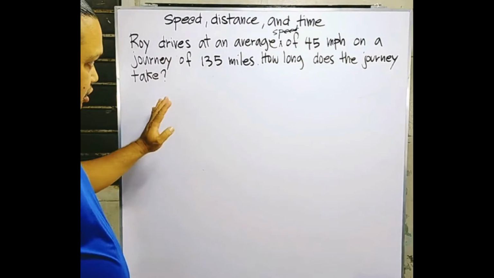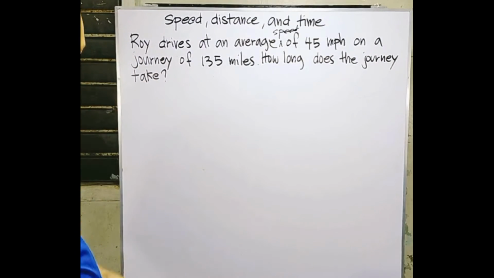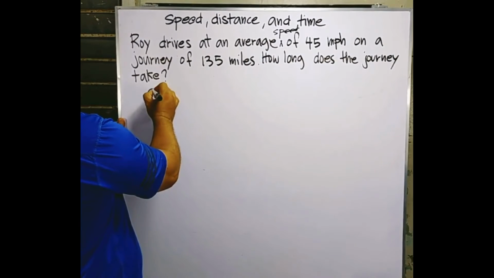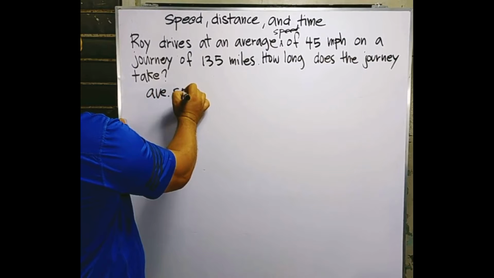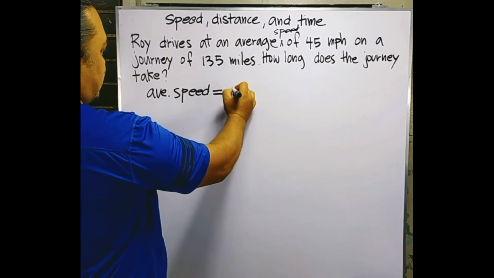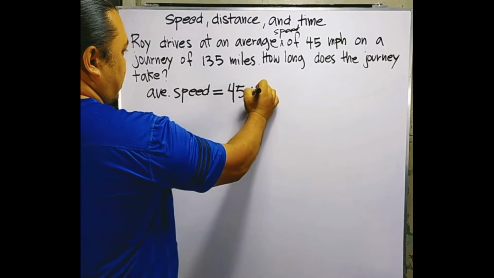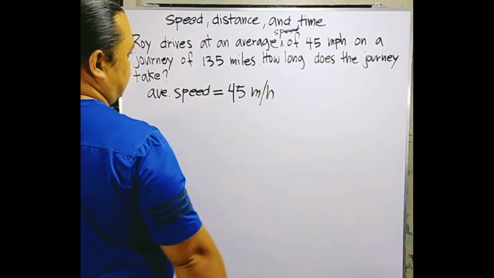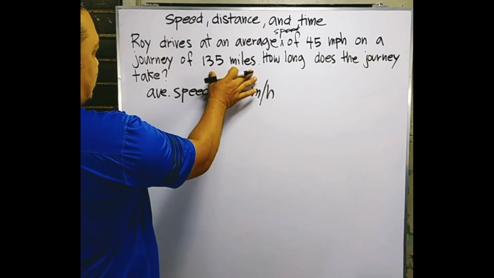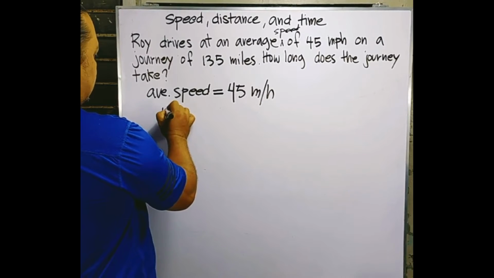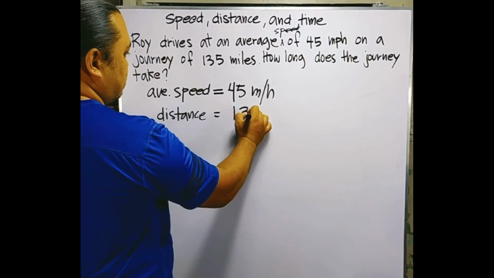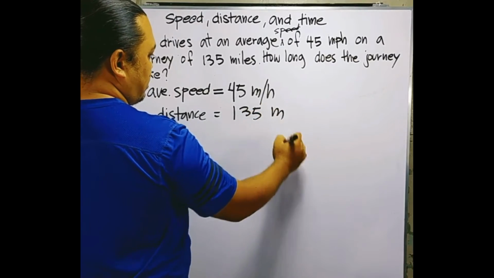Now to solve this problem, let's first get the given. We have the average speed, which is 45 miles per hour. Then we have the distance, which is 135 miles.